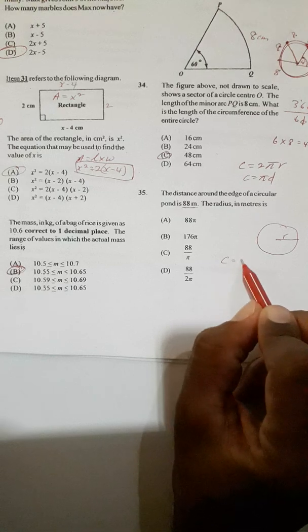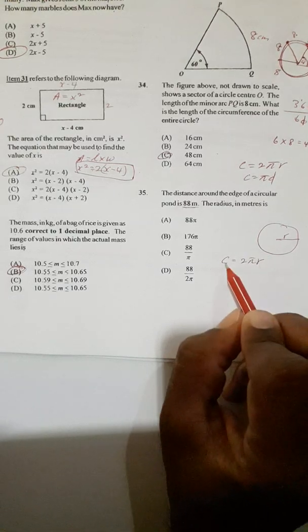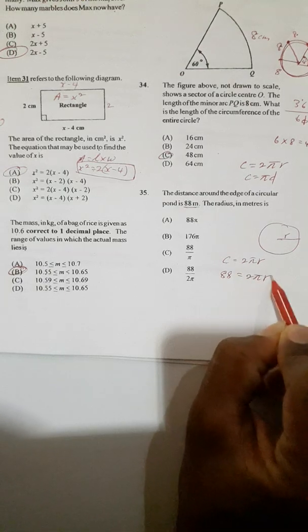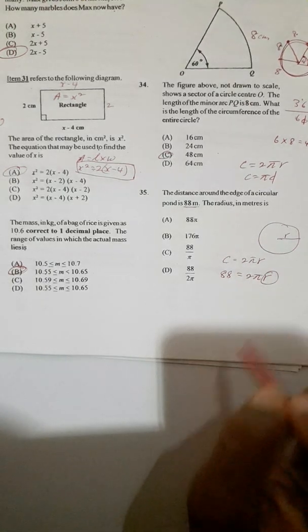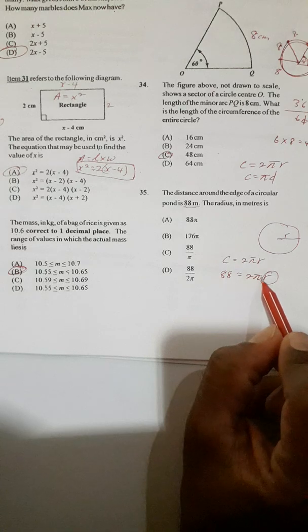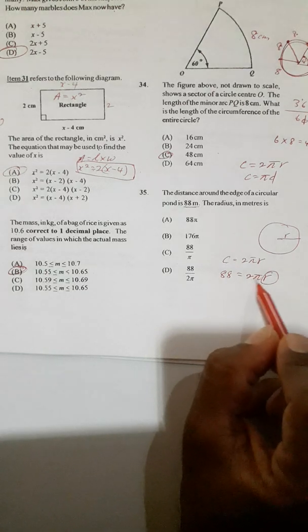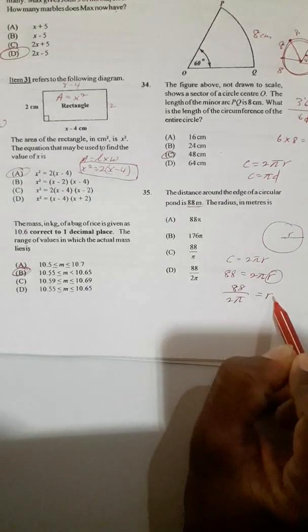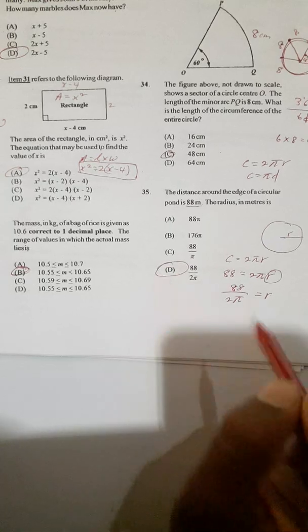So we know that C equals 2 pi r, and the circumference is given, which is 88. So 88 equals 2 pi r. We need to find r. The sign understood here is multiplication, so we need to take 2 pi across. 2 pi is multiplying, when it goes across it will divide. So therefore r will equal that, which is this.